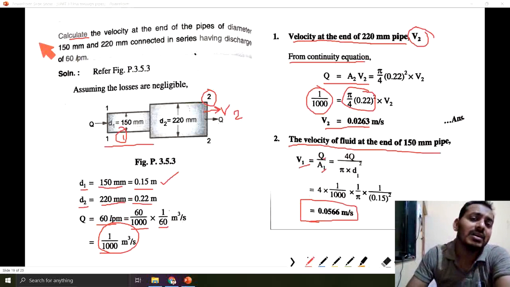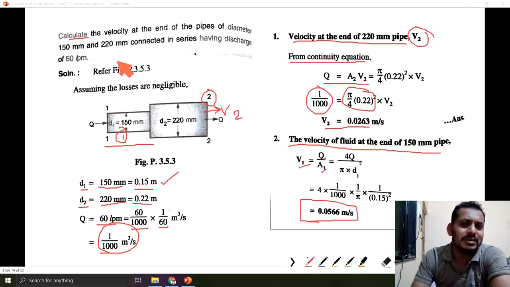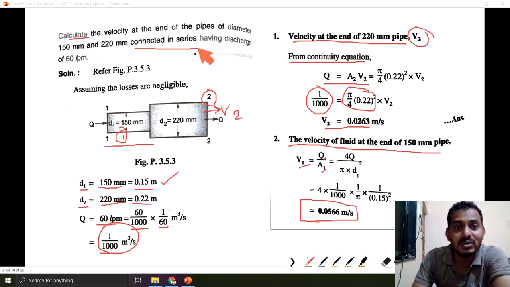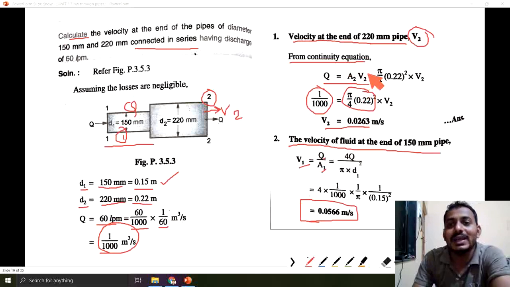This is a problem based on the continuity equation. But these problems are in this unit because this is also a type of pipes in series. What happens when pipes are connected in series? The discharge remains constant in pipe number 1 and pipe number 2. Q remains constant, your area changes, thus your velocity changes.